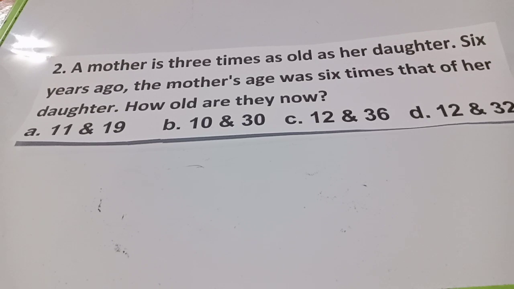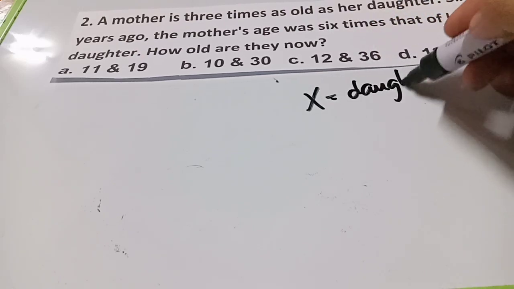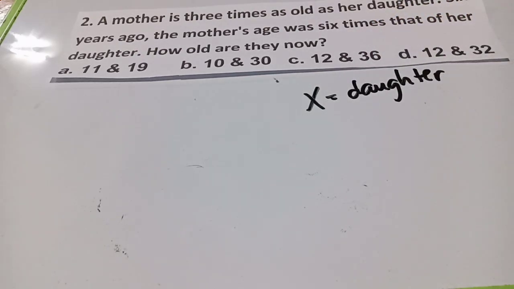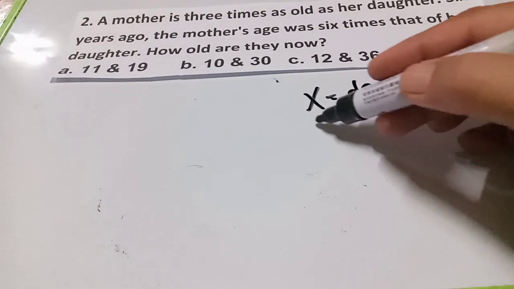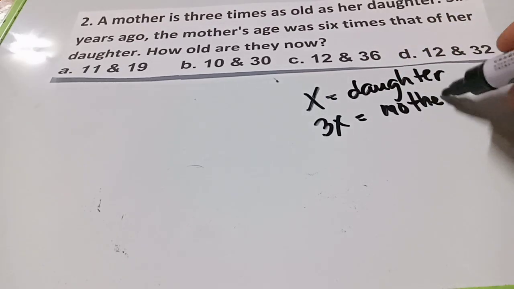Let x represent the daughter's age, and then we will present 3x as the mother's age. This is the mother's age.